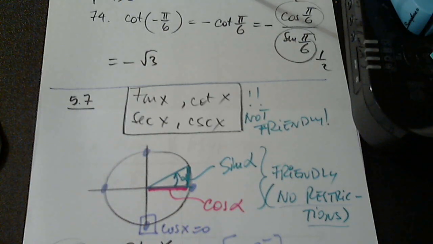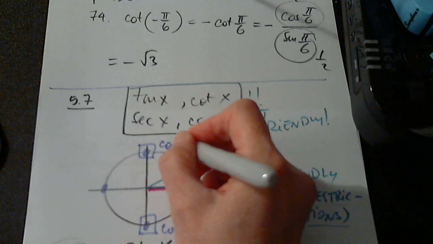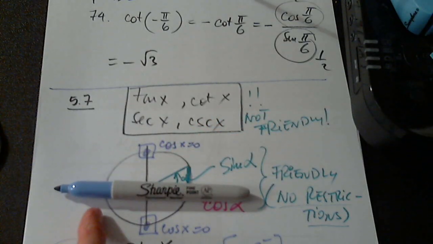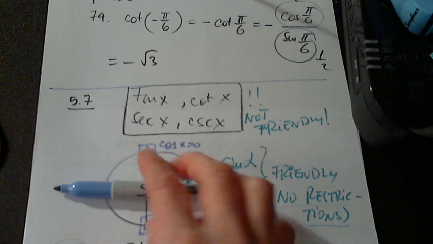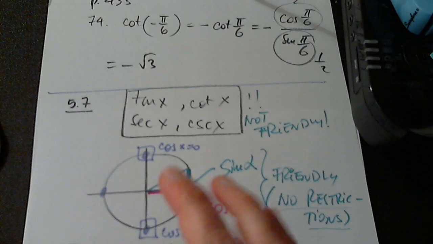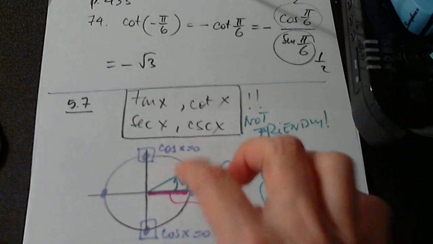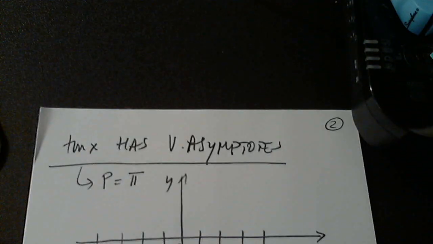And pi over 2? Exactly, awesome. Indeed, so also here, cosine is 0, because it's measured on the x-axis. Here is -1, here is 1. Only at these points, cosine is 0. Excellent, perfect. So I know where tangent will have a vertical asymptote. Every time cosine is 0, that's where tangent has a vertical asymptote.